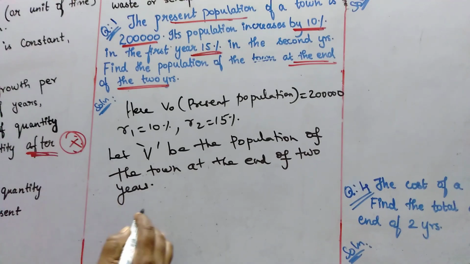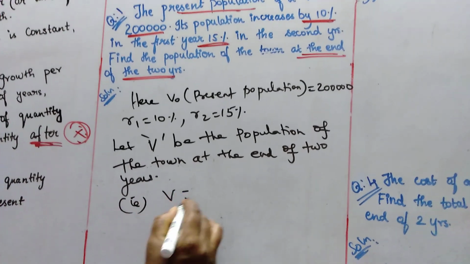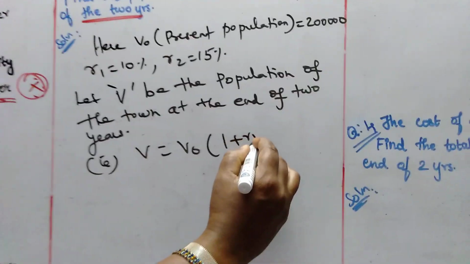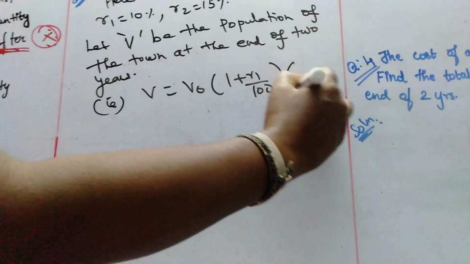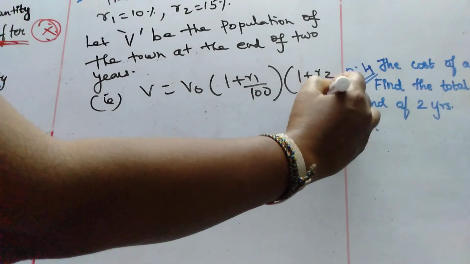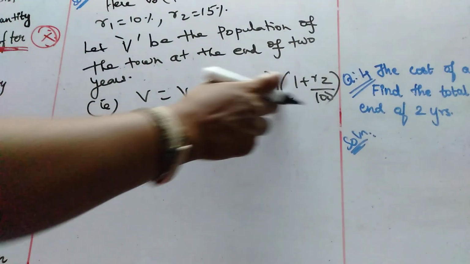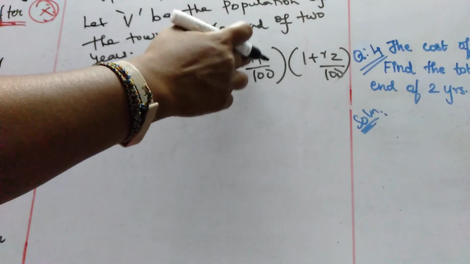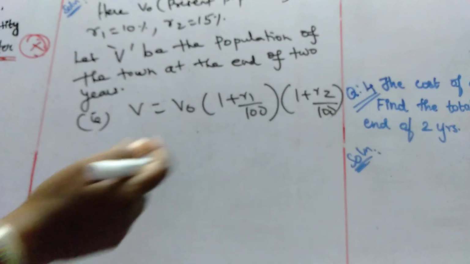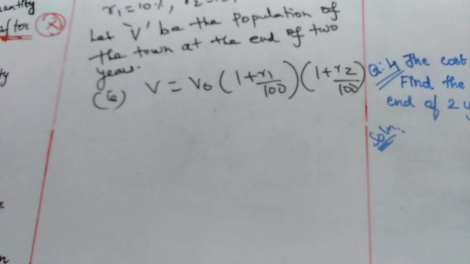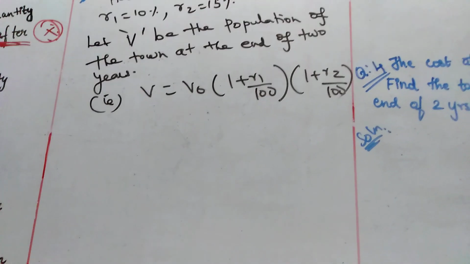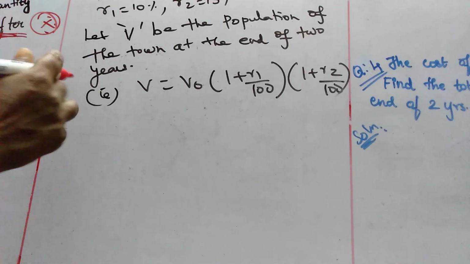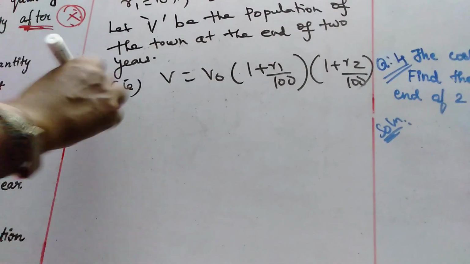Then according to the formula, V is equal to V naught into (1 plus R1 by 100) into (1 plus R2 by 100). We are using the successive rates, as we used the formula for the amount in compound interest. In the same way we are using R1, R2. For 3 years, R3 will be used. This is also one important formula which is not given in the introduction part. You have to use this also. We will be using this type of formula also.